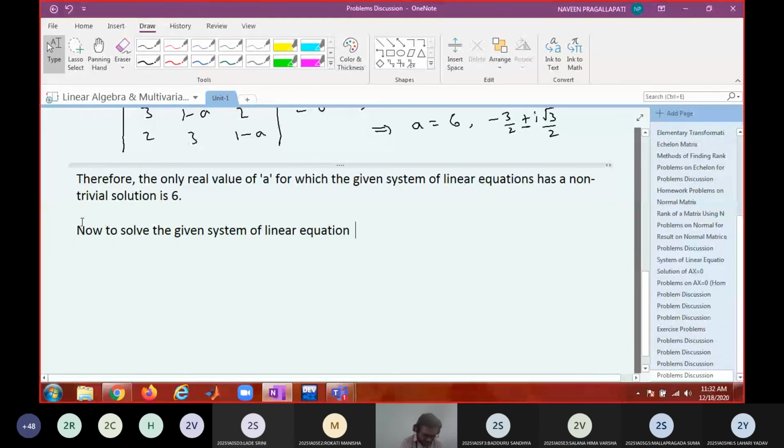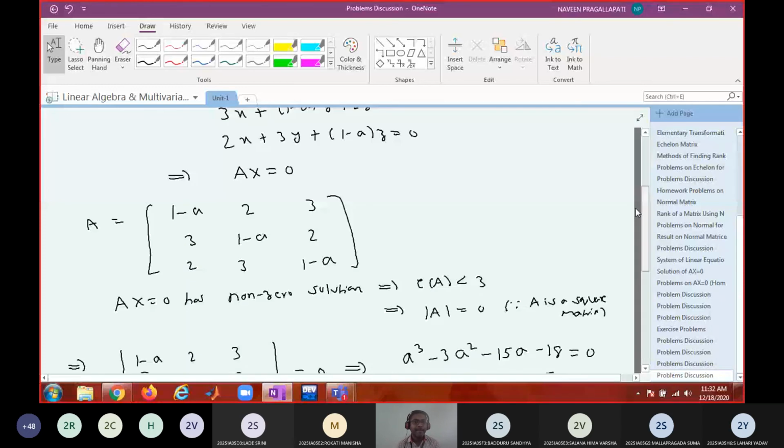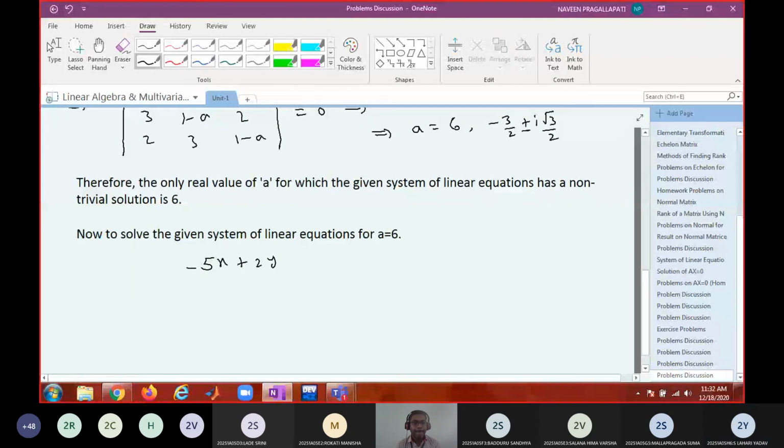For a equal to 6, can you tell me that system after substituting a equal to 6? Minus 5x plus 2y plus 3z is equal to 0.